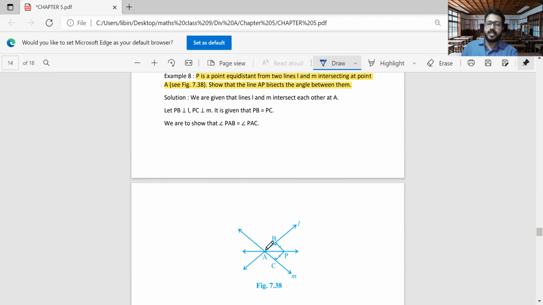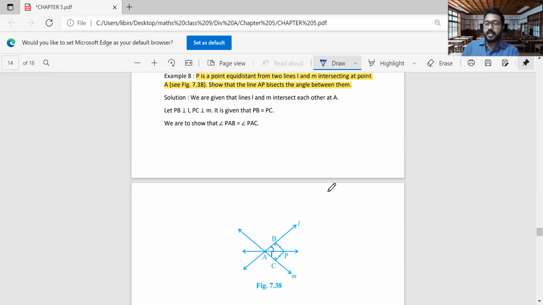We just want to show that angle BAP is equal to angle CAP. Once we show that these two angles are equal, we have solved it.